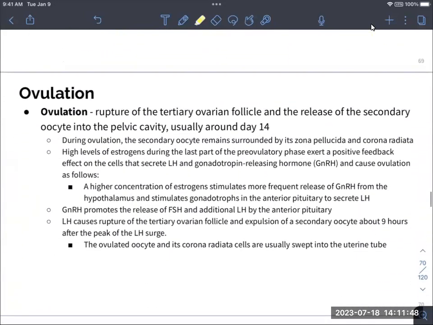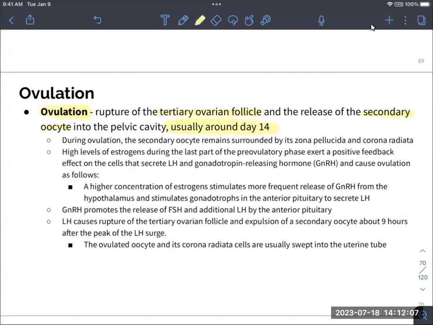Next, we come to ovulation. This is where that tertiary follicle is going to rupture out of that ovary and we release that secondary oocyte. This is usually around day 14 of a 28-day cycle.